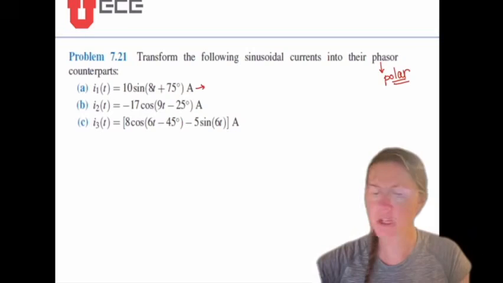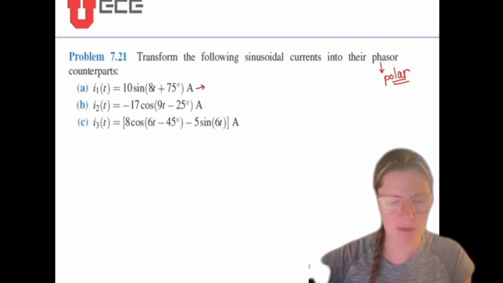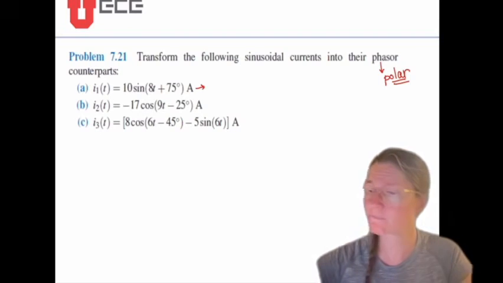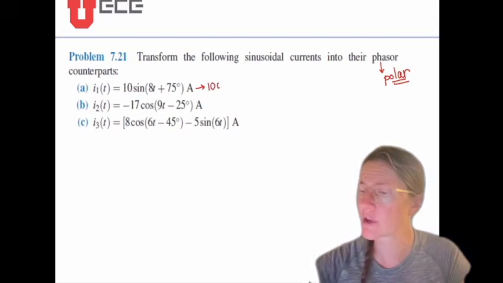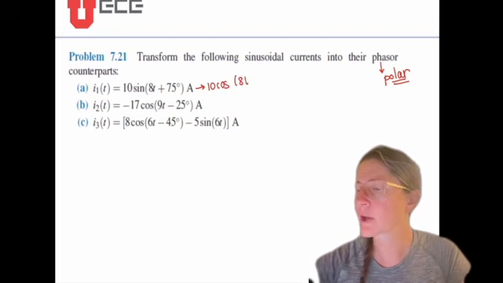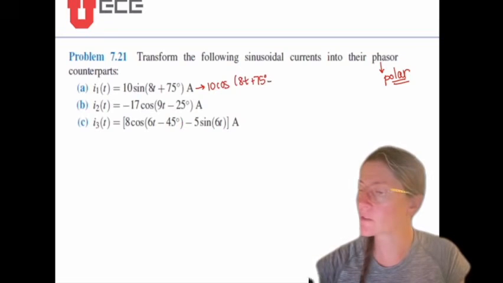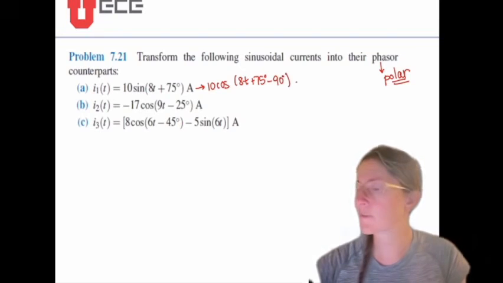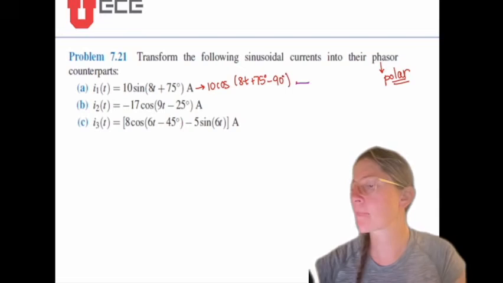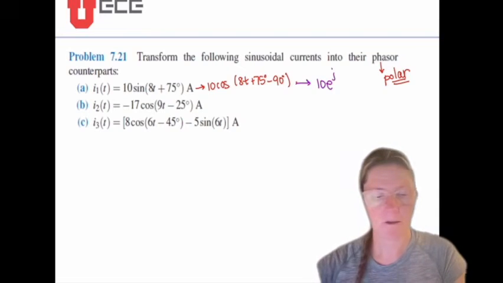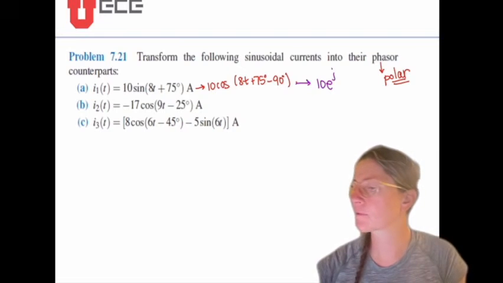And so we want to convert each of these into its polar form. So first take the phasor transform. So that means that this is going to need to be changed into cosine. So 8t plus 75. And then sine to cosine, we do a minus 90. So this ends up becoming 10e^(j minus 25).